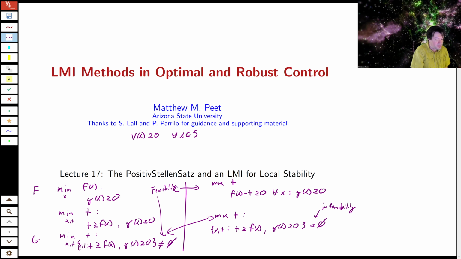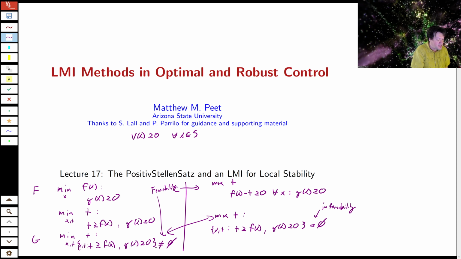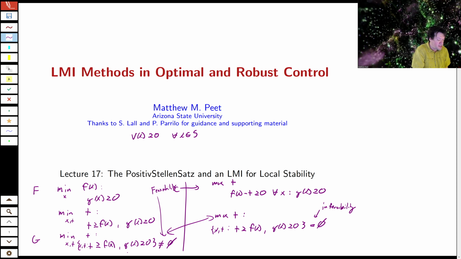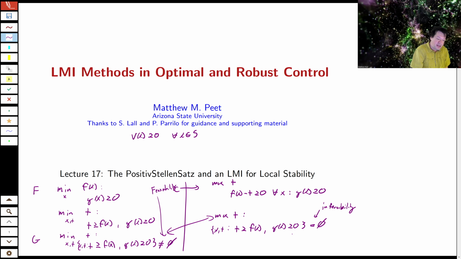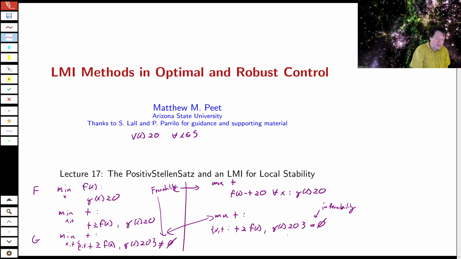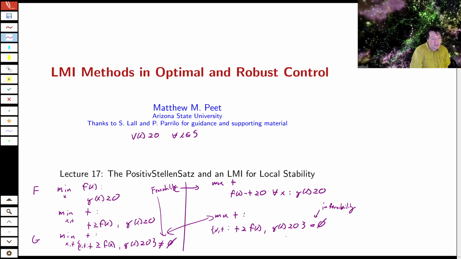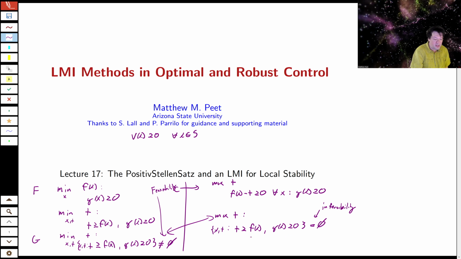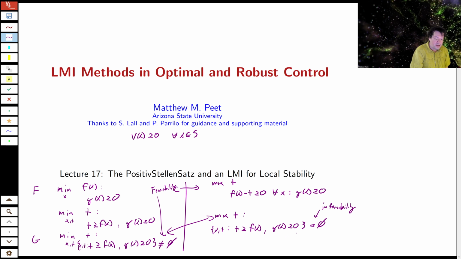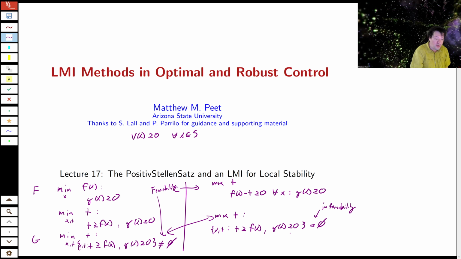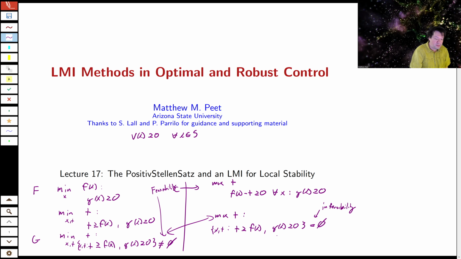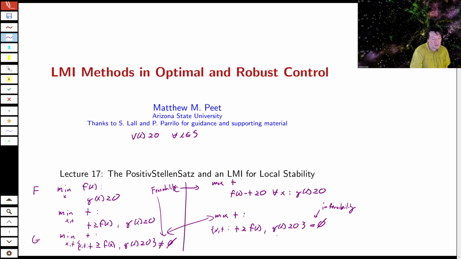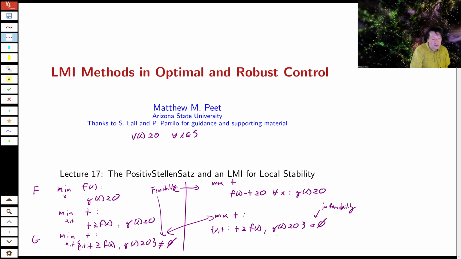The only way to prove feasibility is to find a point such that these inequalities are satisfied. The infeasibility case, however, is ostensibly harder because you have to prove that there's no x. That's a convex problem. The problem is how to certify that.